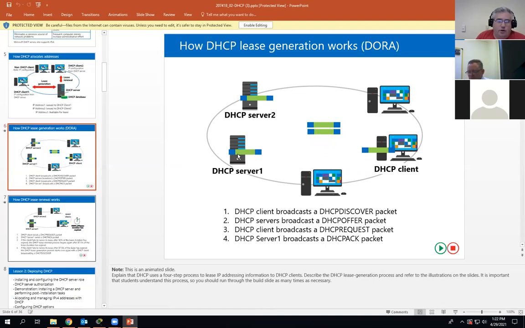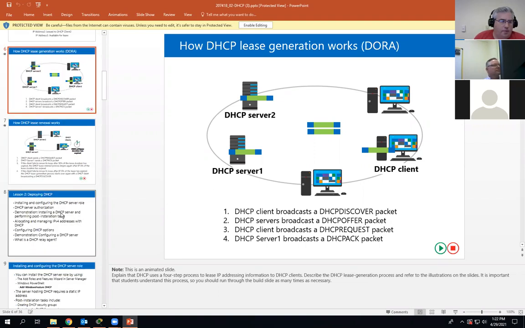So then your client computer has a DHCP address and can reach whatever services it needs to, such as different servers, DNS, internet, that type of thing. That's basically how DHCP operates.